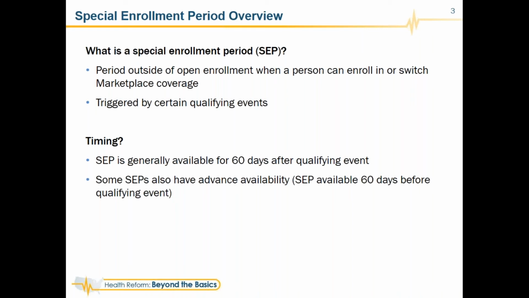Now, as you all are aware, some changes and limitations were made to SEPs in a recent rule that was finalized by HHS in April, and those changes went into effect on June 19th of this year. Yesterday, we had a webinar and talked about a lot of those changes, and today we're going to focus on the changes to special enrollment periods.